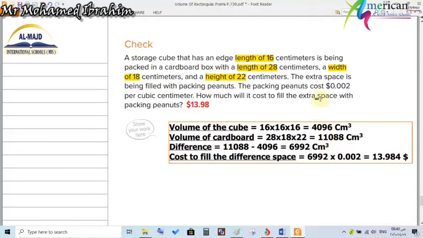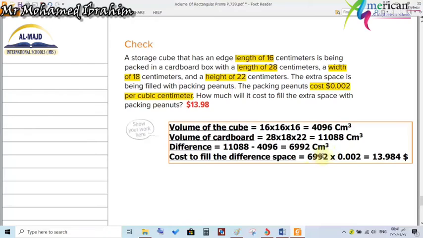Okay, he said here the cost, the packing peanuts cost, excellent, 0.02 per cubic centimeter. So each cubic centimeter, we will put this packing peanuts, which costs 0.02.